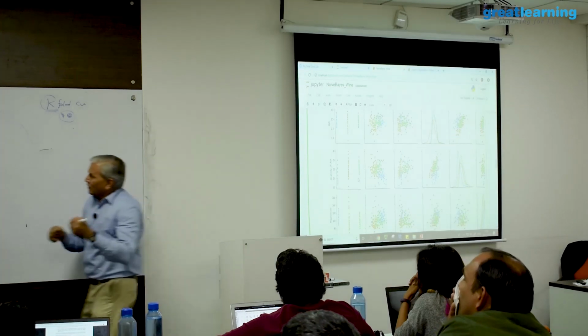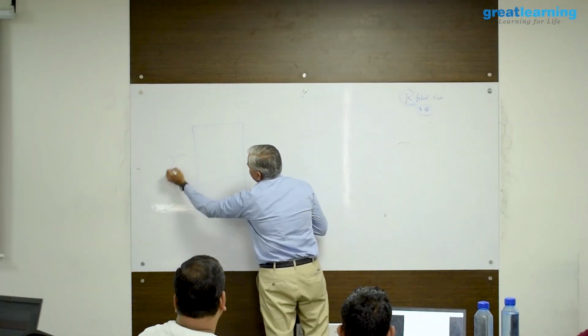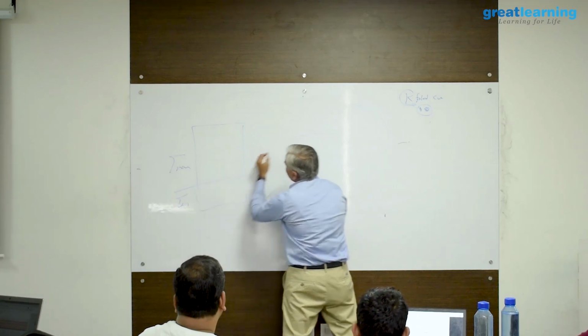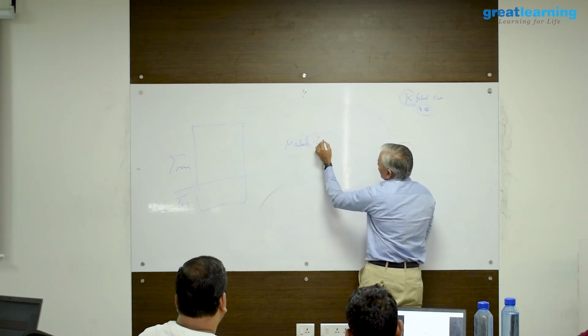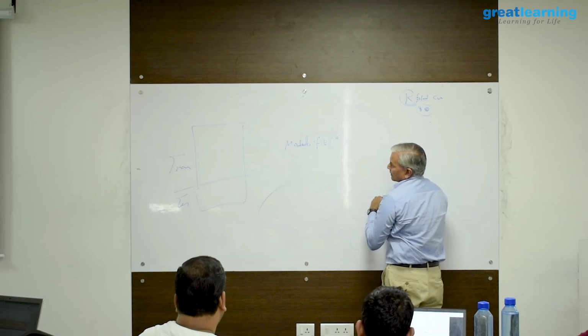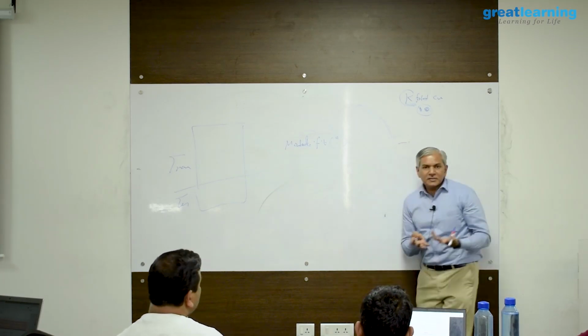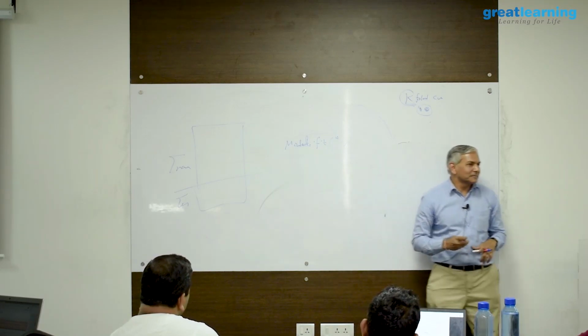In modeling, we break our data into training set and test set, and we build our model, model dot fit, using training data. There are various ways in which the test data can leak into the fit function.